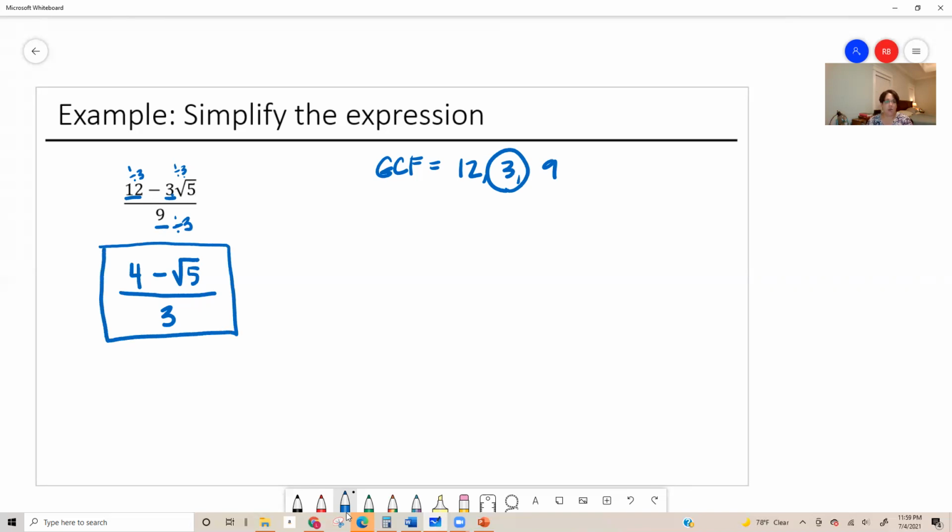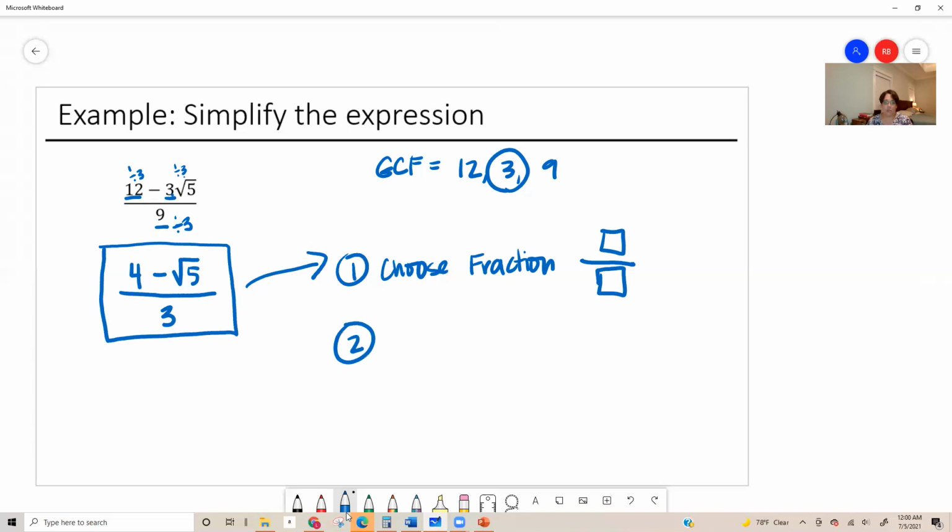Okay, so now whenever you go to put this into the computer, you need to first choose the fraction. So choose your fraction. It looks something like a square over a square. Okay, then the second thing you're going to do is you're going to click into the top box.